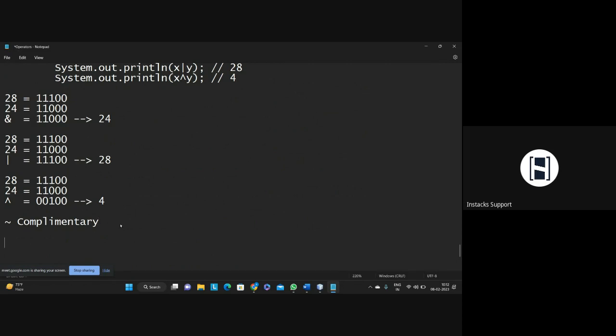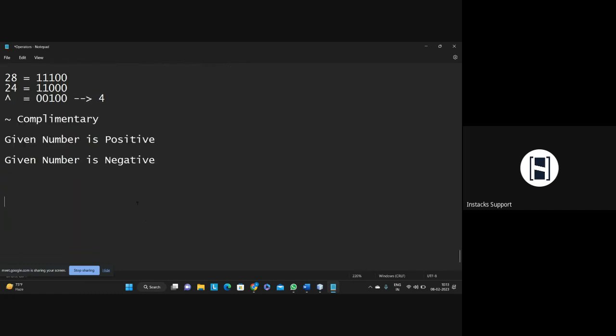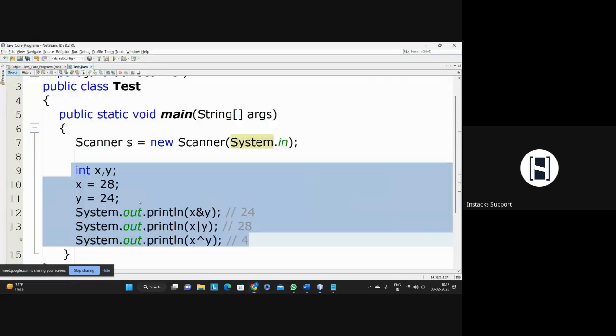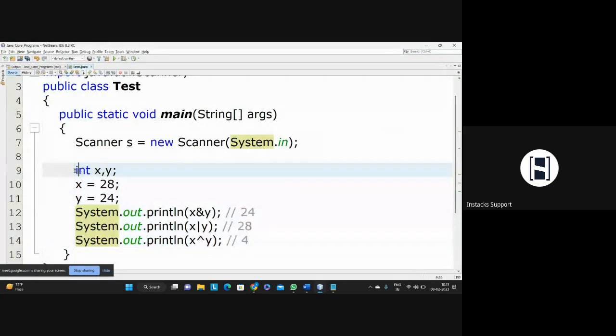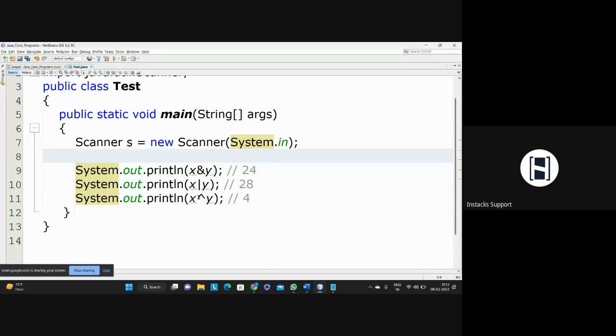If the given number is positive, what will happen? Same way, if the given number is negative, what will happen? This is what we have to be looking into. Say, for example, something like this.